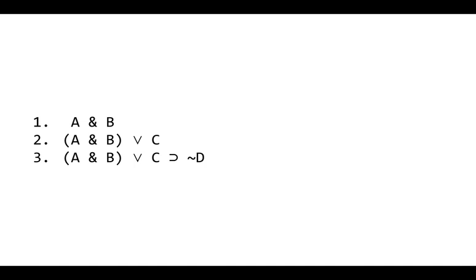So as it stands right now, this is not a well-formed formula. It's not clear what the horseshoe applies to. Does it apply to everything on its left, or is it only to the C? So we need to make sure we add grouping indicators here so that we can demarcate the scope of the horseshoe.